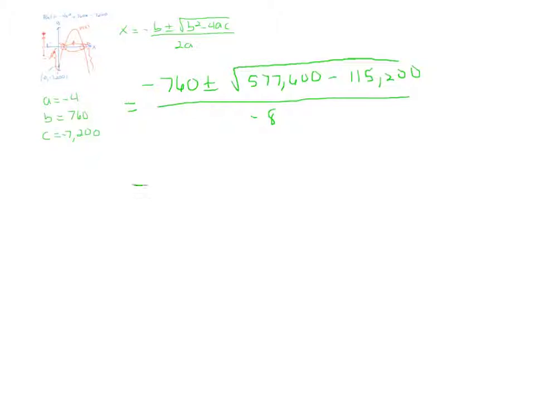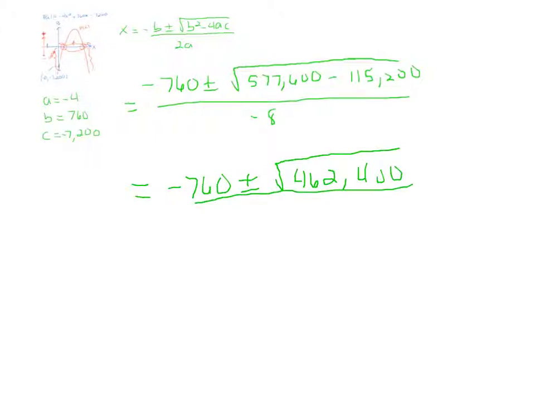So writing our next line here, I get negative 760 plus or minus the square root of 462,400, all divided by negative 8. I don't know if we can take the square root of that number and have it be rational. We'll take a look at that in a second.